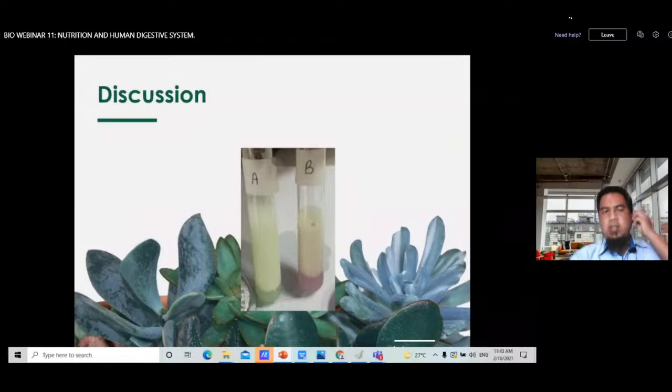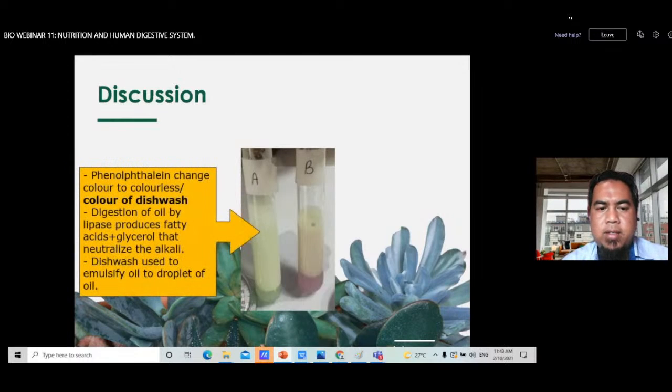So for the discussion of this experiment, as you can see, in the solution in test tube A, the color of phenolphthalein changes to colorless, or rather it follows the color of the dishwashing liquid. For this experiment, the phenolphthalein color follows the color change. If it turns colorless, it will change according to the color of the detergent we use.